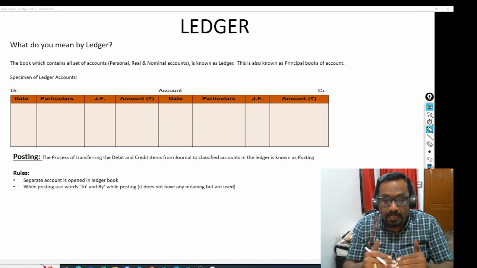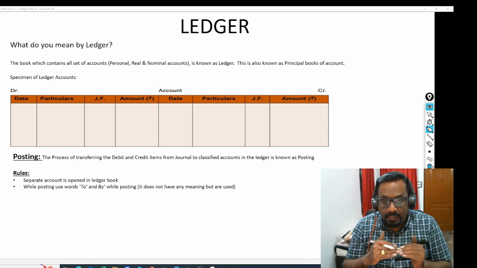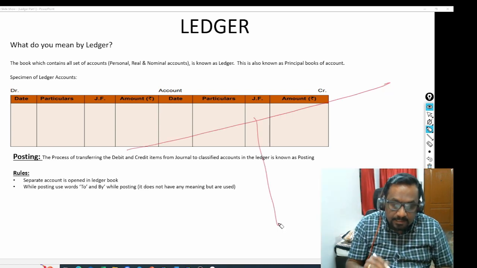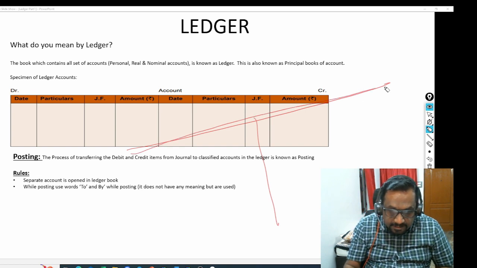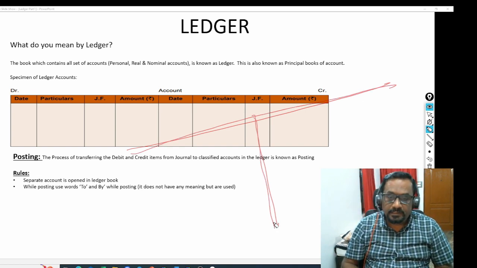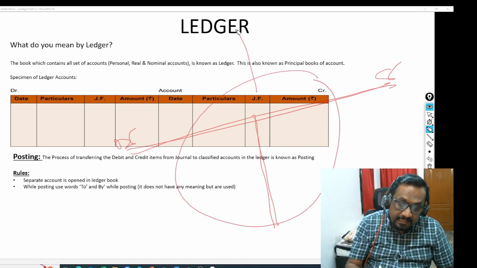If it is a nominal account, the final balance of that nominal account. That is what this classified statement gives. This classified statement is nothing but an account. So these accounts are being maintained in the ledger book.